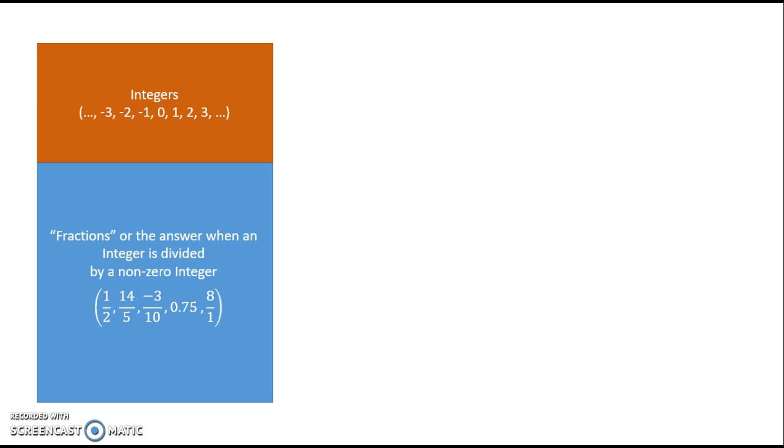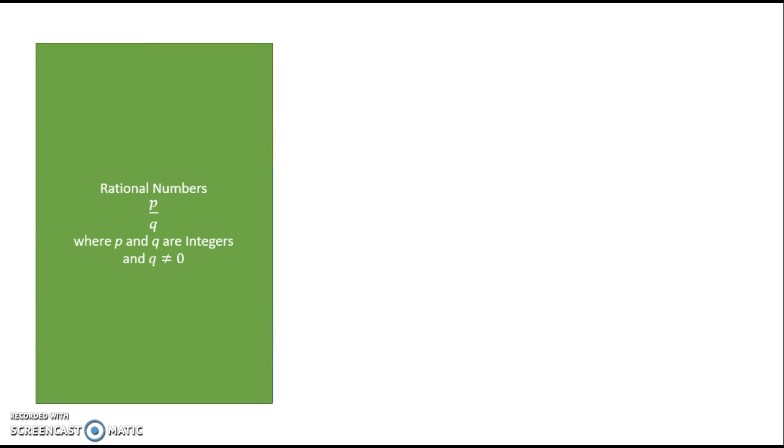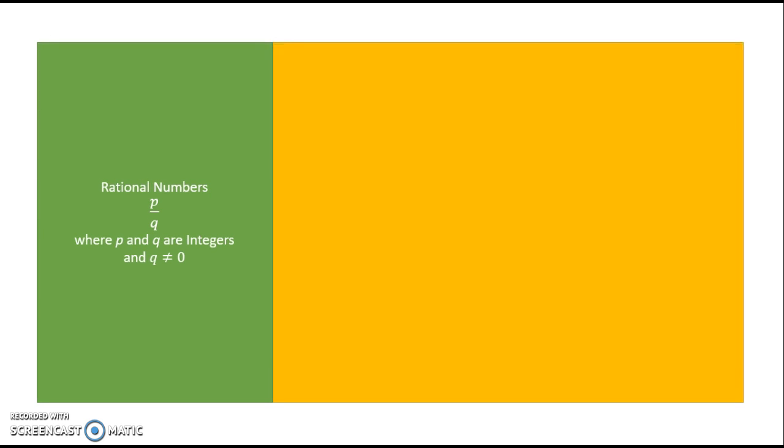So we call this group of numbers the rational numbers, and it is any number that can be written as p divided by q, where both p and q are integers and q is not equal to 0. Well, as we saw a little earlier in our course, even this doesn't actually include all the operations that we can do, so we have to expand this set one more time.